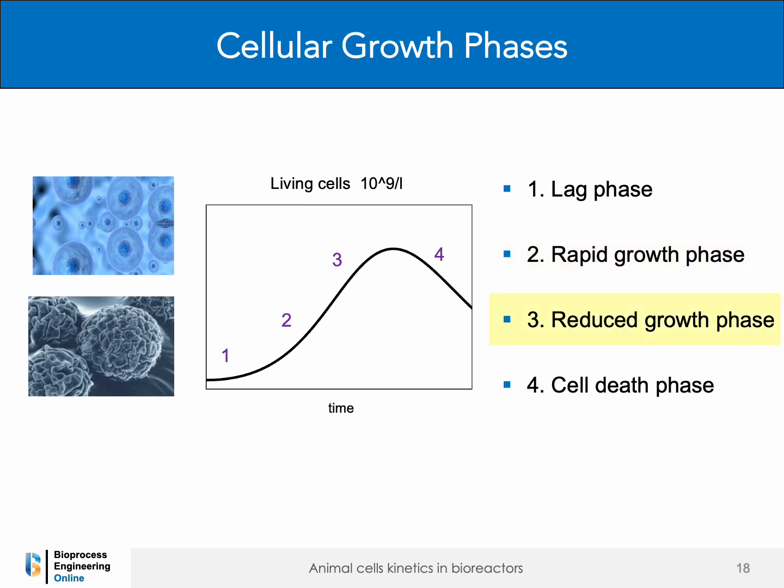As nutrients become depleted and metabolic byproducts accumulate, the culture enters the reduced growth phase. Cell proliferation gradually slows down. Finally, the culture reaches the decline phase, during which the number of viable cells decreases because cell death becomes dominant. Understanding these different phases is essential for modeling animal cell cultures.